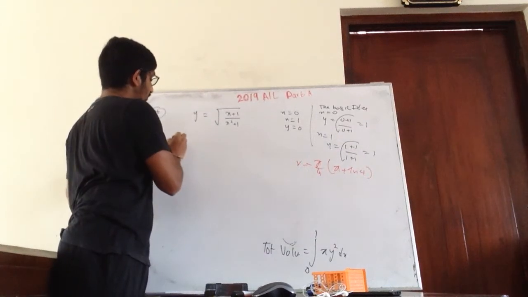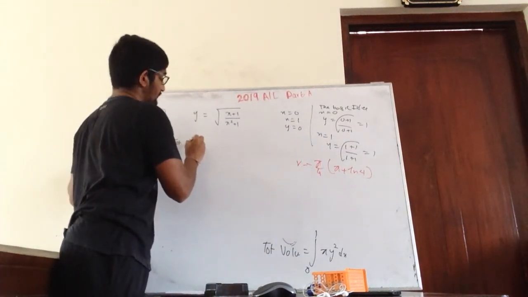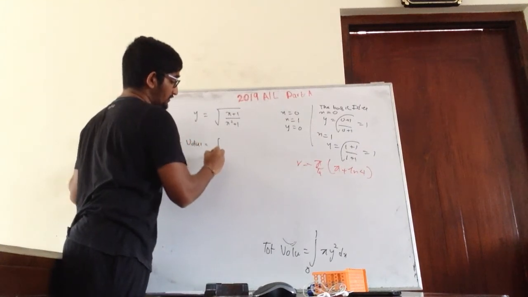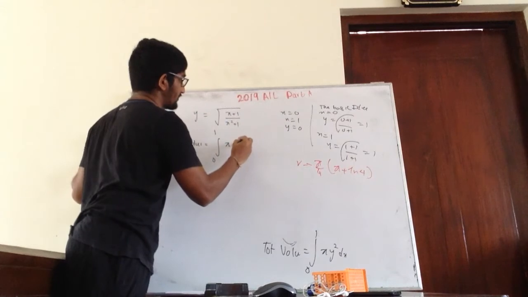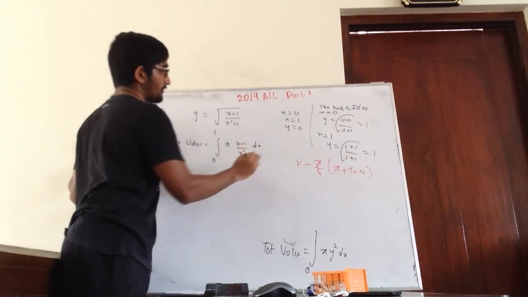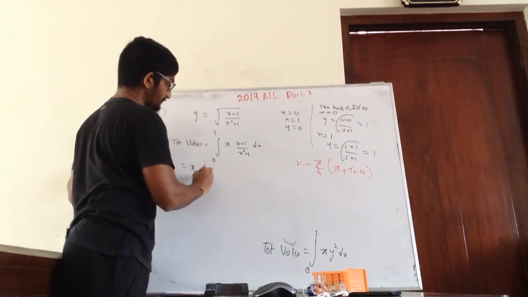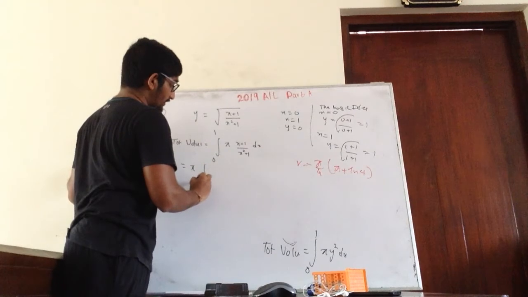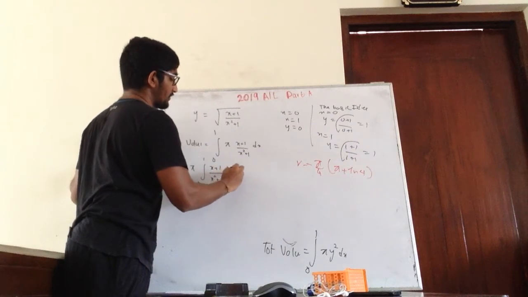So the total volume is the integral from 0 to 1 of 5 y squared, which is x plus 1 over x squared plus 1 dx. I'm going to take the 5 out, then I will get the integral from 0 to 1 of (x plus 1) over (x squared plus 1) dx.